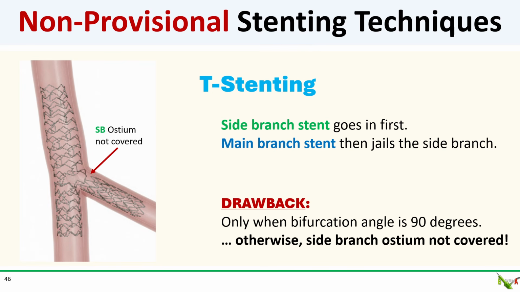If you try to do T-stenting when the bifurcation angle is not close to 90 degrees, you will leave a segment of the side branch ostium not covered with a stent. That uncovered segment will get bigger as the bifurcation angle gets further away from 90 degrees.